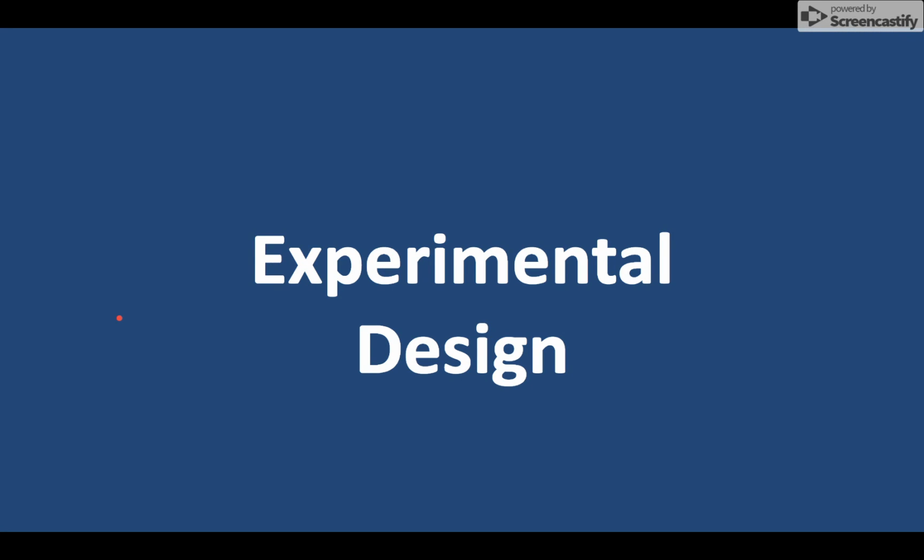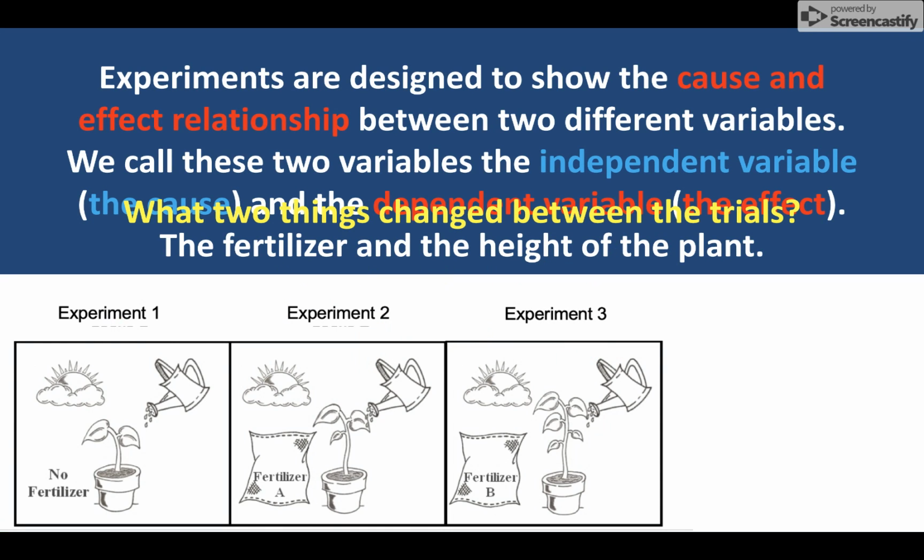Next concept is experimental design. In experimental design, we looked at things like the independent variable, the dependent variable, and the controlled variable, and we defined what those were, and we gave some examples in class. And you guys have actually even conducted an experiment in class where you wrote down a lab report and you had to define some of these things. So I'm not going to dwell too much on this.